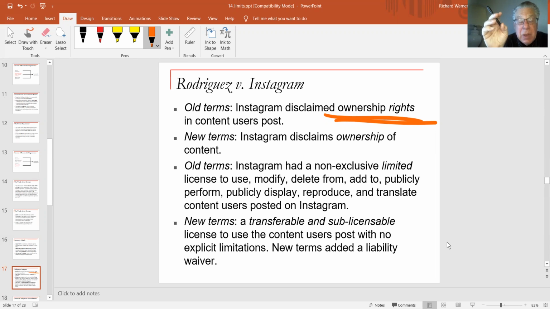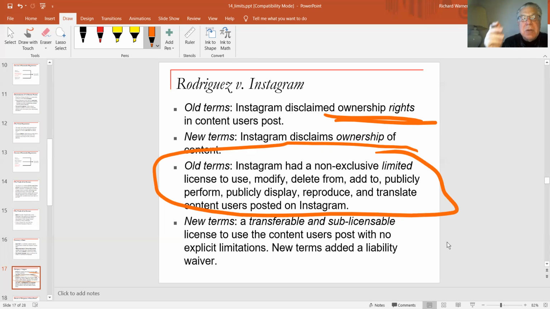Instagram made a point of this. Instagram was saying, look, your intellectual property rights in the photos and content you post, those are yours. You hold those. We don't make any claim on those. All we ask from you, right, is down here, a non-exclusive limited license to do the things we need to do with your post to run Instagram.